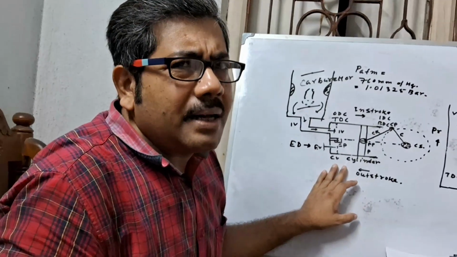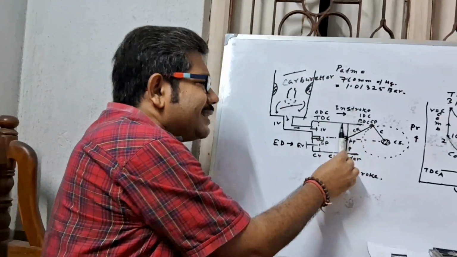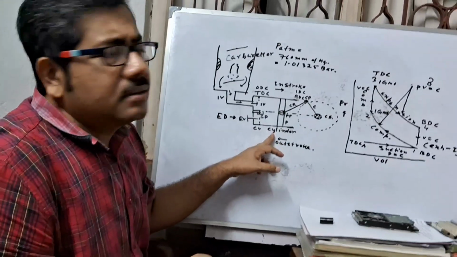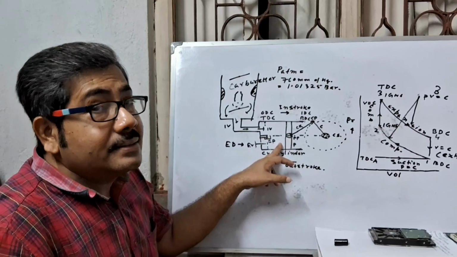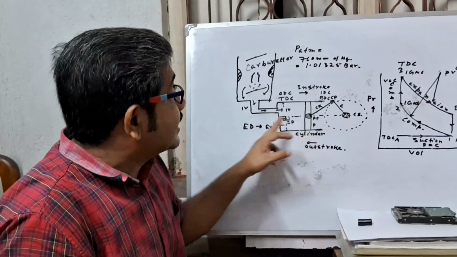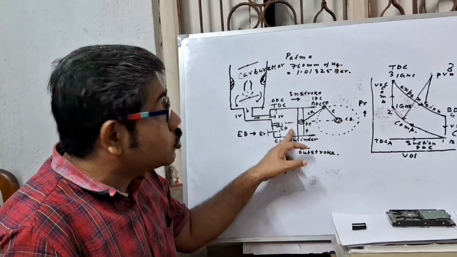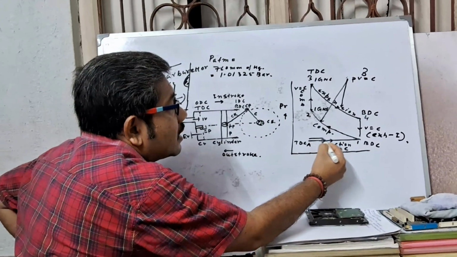And after some time, that means after a millisecond, when the piston reaches almost the midpoint of the cylinder, the burnt gas inside the cylinder cannot escape out. Now the burnt gases are pushed by the piston at constant pressure.